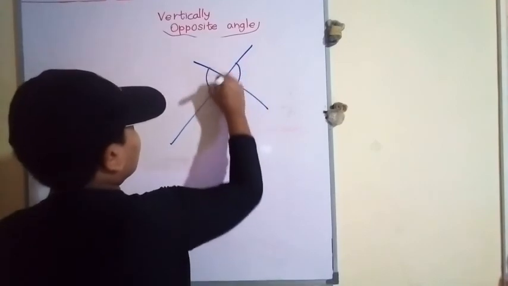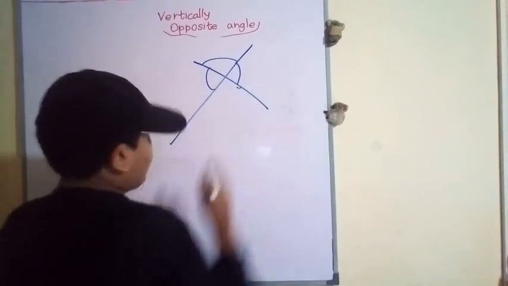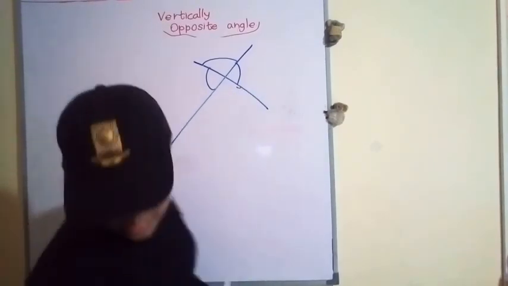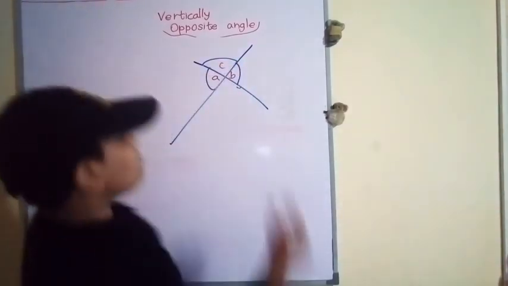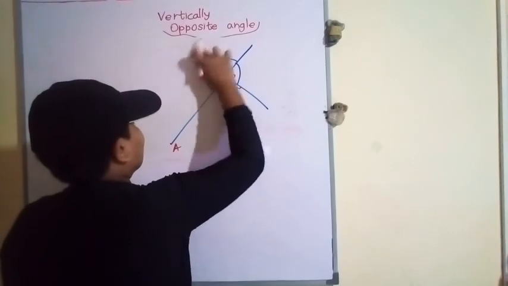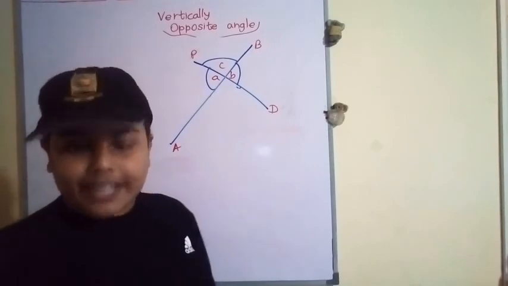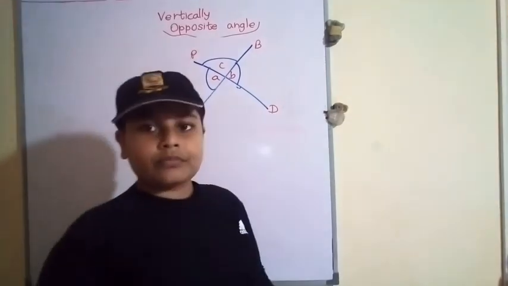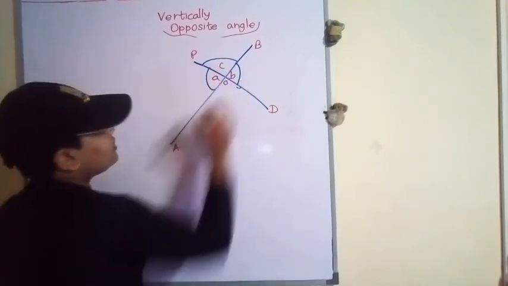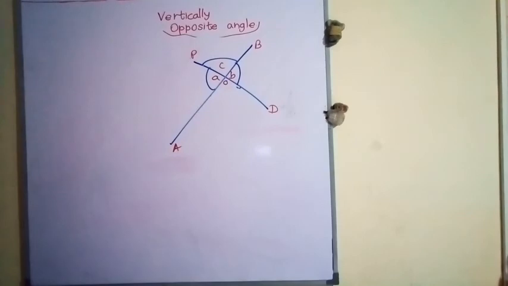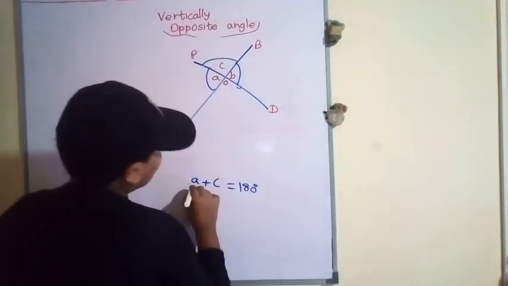Now you look like this. Now you can name the points. Now this is A, B, C, and you can name this as A, D. A plus C means 180 degrees.